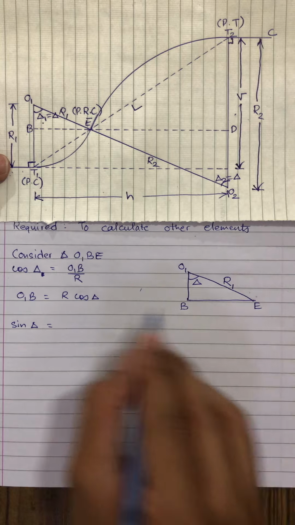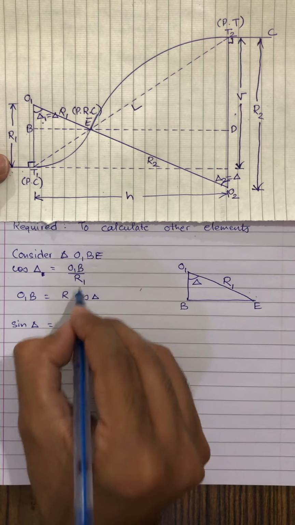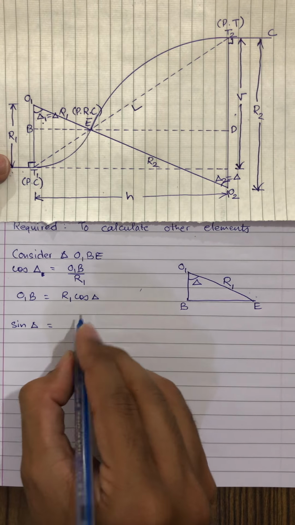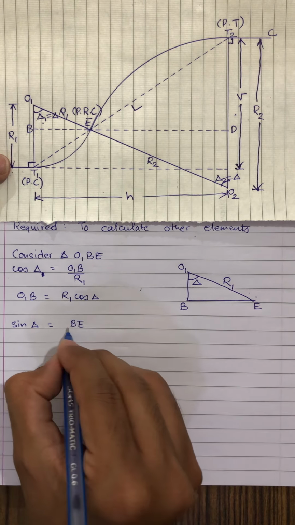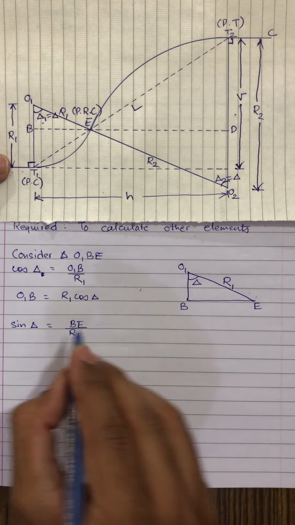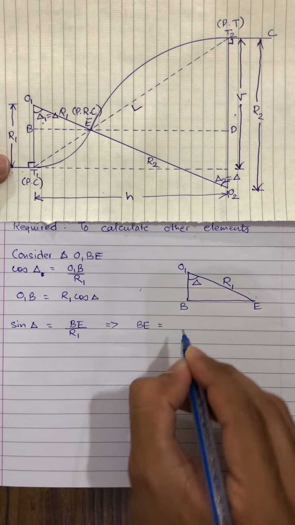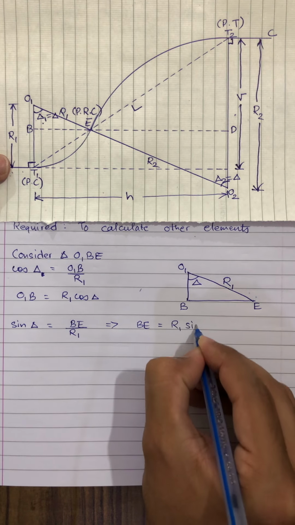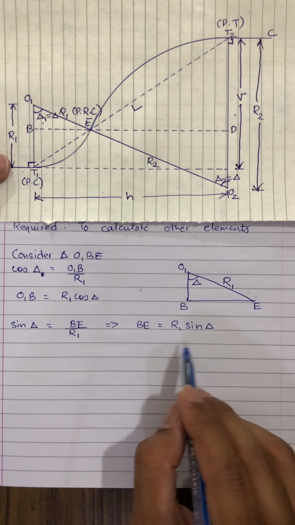Sin delta will be opposite upon hypotenuse. This is R1. So here this will be BE upon R1. So we have BE is equal to R1 sin delta.